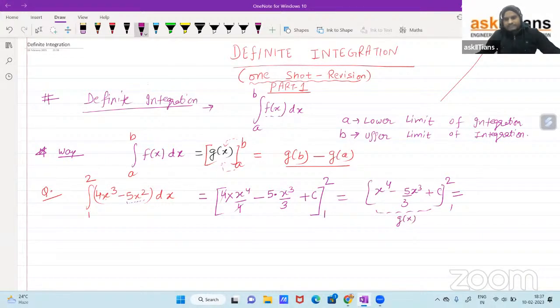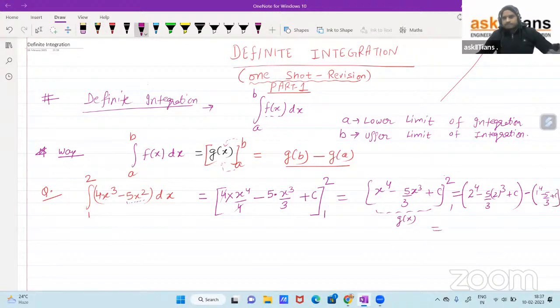You have to substitute this upper limit and lower limit in this g of x. You will be getting 2 power 4 minus 5 by 3 into 2 cube plus c. This is the upper limit, minus lower limit would be like 1 power 4 minus 5 by 3 into 1 cube. So it will be 1 only, and plus c.